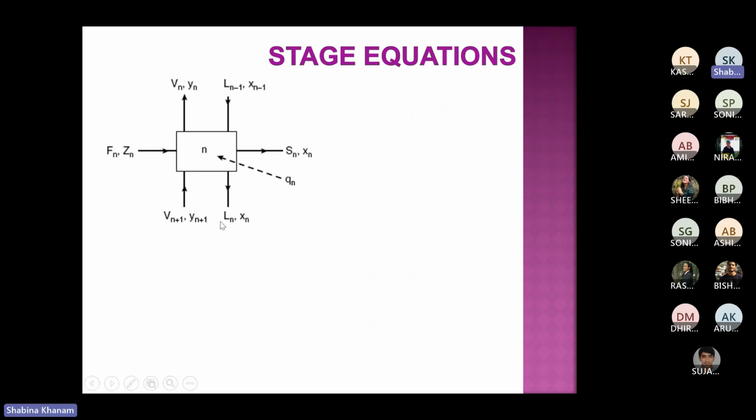So if I consider Vn plus 1, it is exiting the n plus 1th tray. Similarly, this is exiting the nth tray, this is exiting the n minus 1th tray, and this is exiting the nth tray. So the nomenclature of the flow rates of vapor or liquid depends on the stage or plate they are exiting.